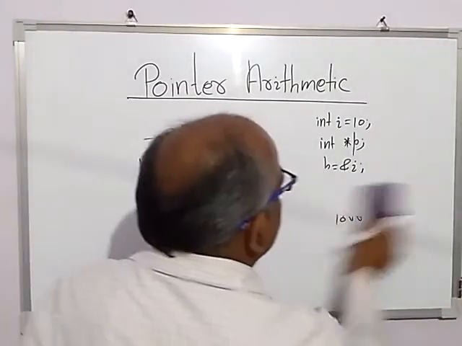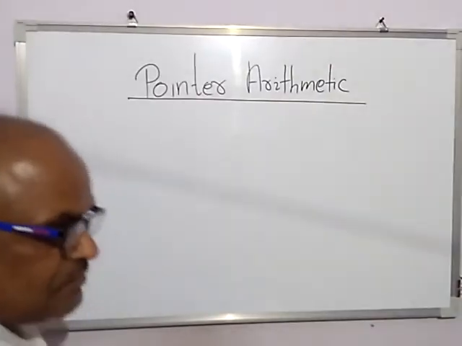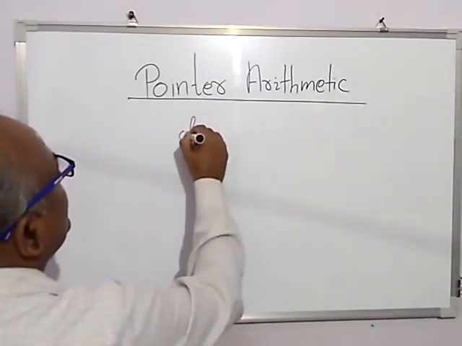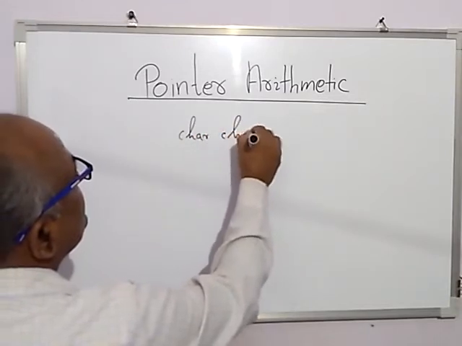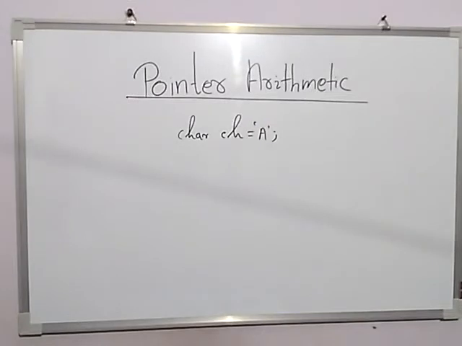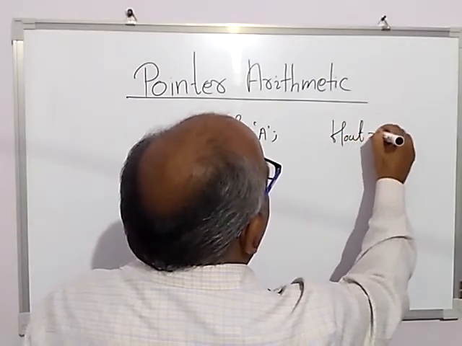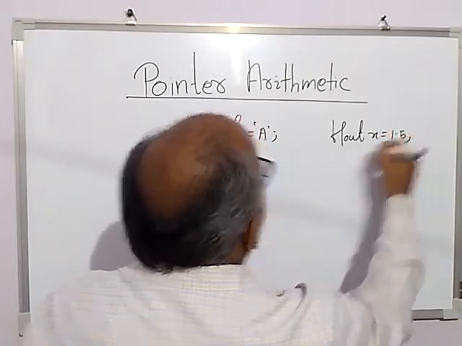Similarly, if you consider character type data, suppose char ch = 'a', and here float x = 1.5.